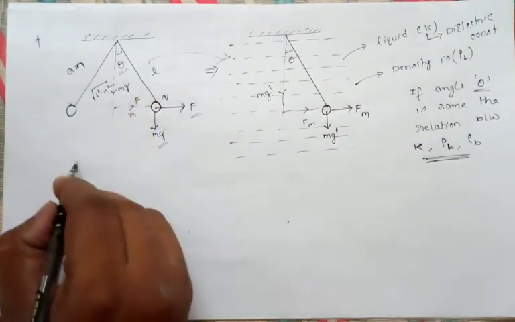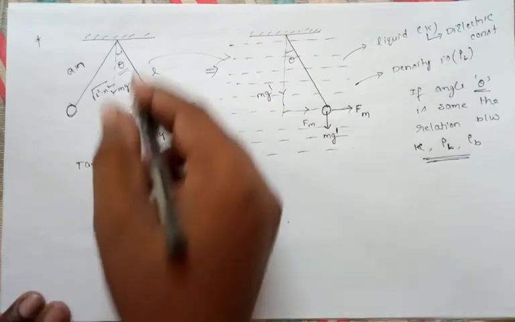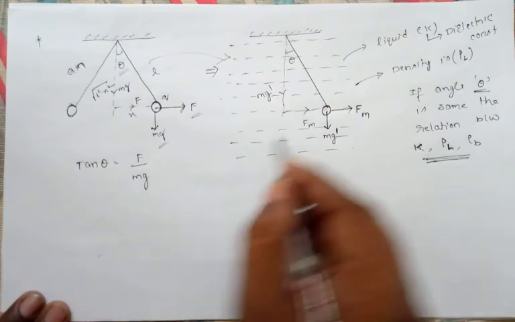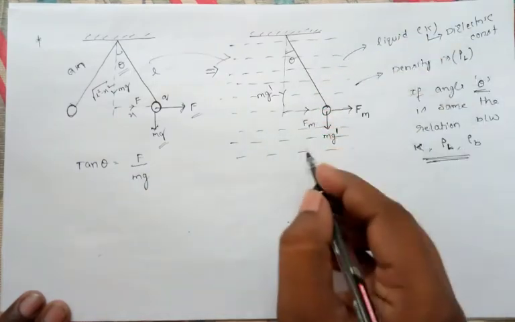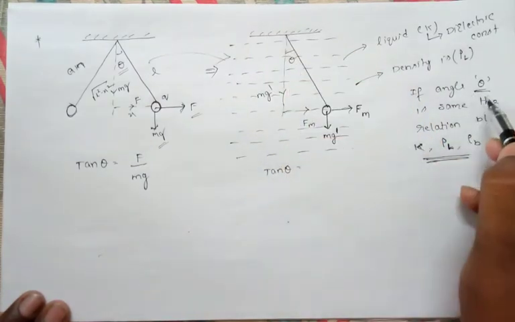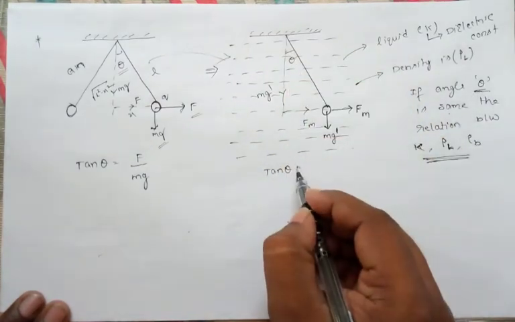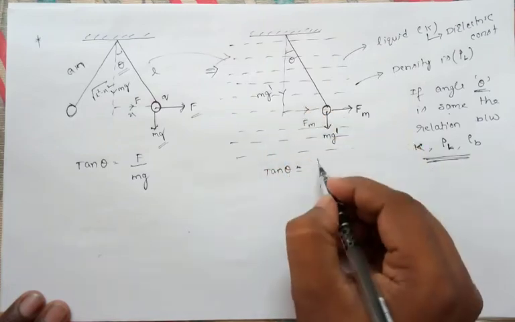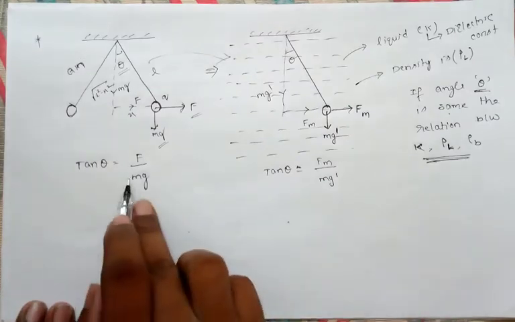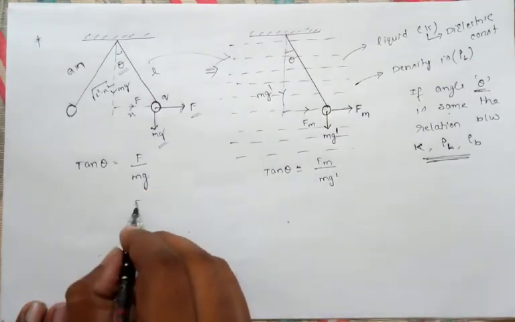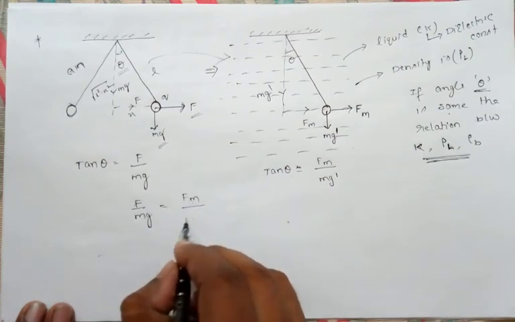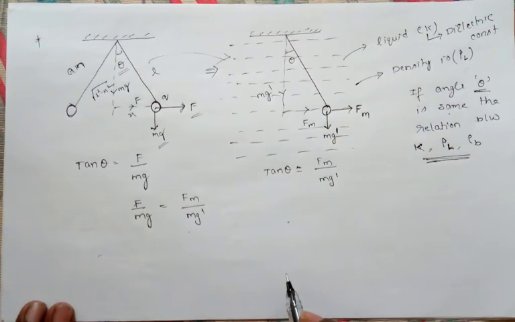So in this first case, from the triangle, tan theta equals F by mg. And when replaced in the medium, the angle is the same, no? Because the same angle is there, tan theta equals F in medium by mg dash. Now from these two equations you can write F by mg equals F medium by mg dash.